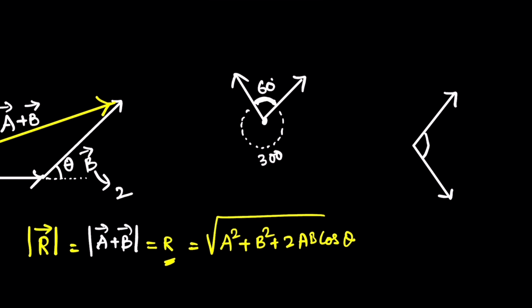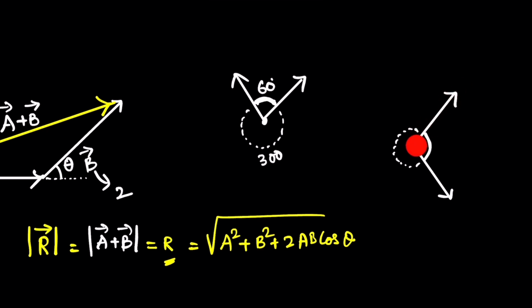Whatever the angle here is, this is a smaller angle and this is a larger angle. So this will be the smaller angle between these two, whereas this will be the larger angle between this and this.